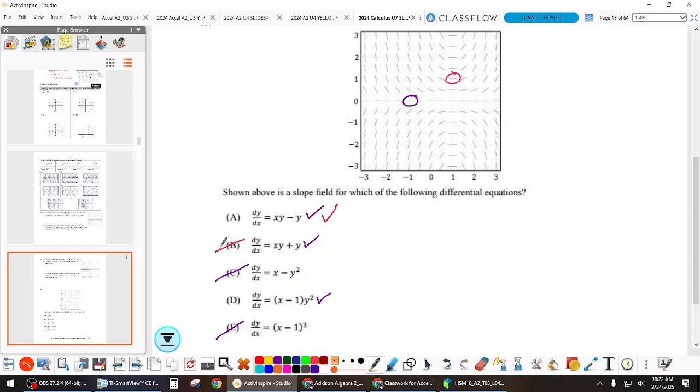Okay, now we're down to A or D. And then 1 minus 1 is 0, so times whatever. That one is still working at that point, right? Yeah. And honestly, if we had picked any other one on x equals 1, these two would still work. Does that make sense? Yeah.